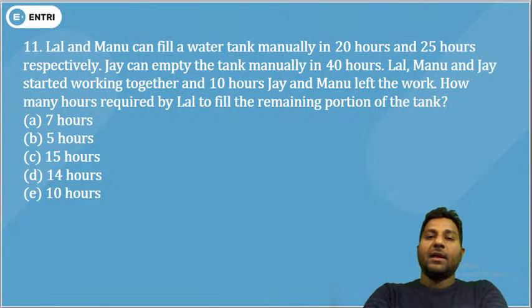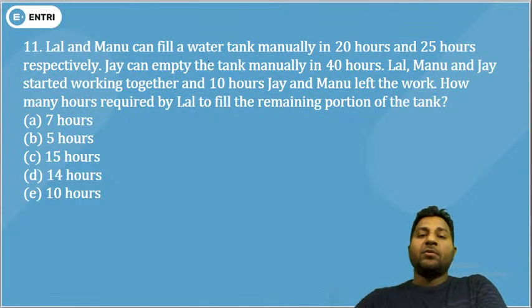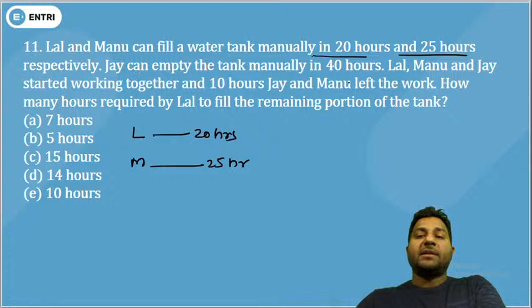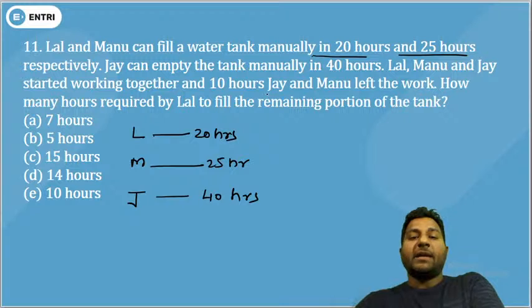Now look at this. Lal and Manu can fill a tank manually in 20 and 25 hours. Jay can complete the tank manually in 40 hours. Lal, Manu, and Jay started working together, and after 10 hours Jay and Manu left the work.